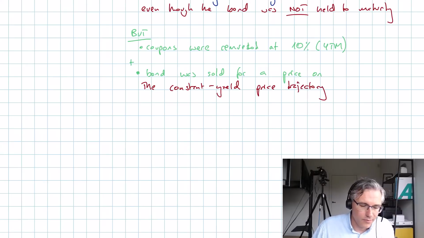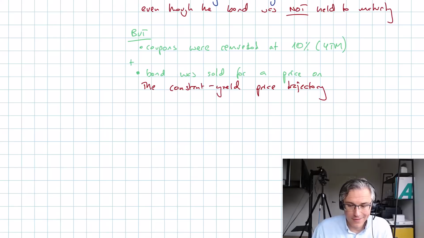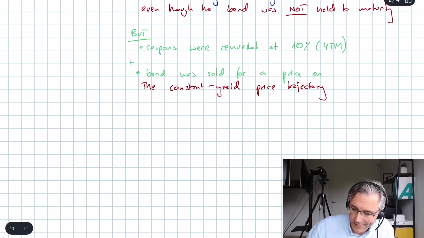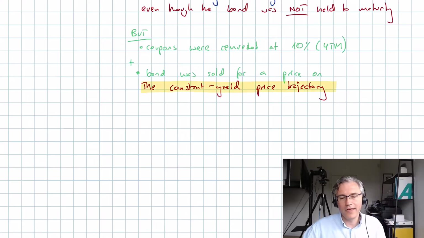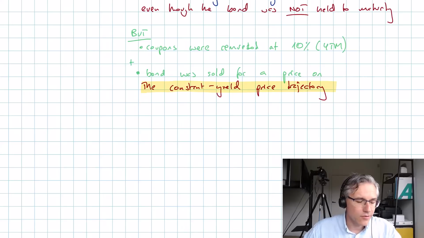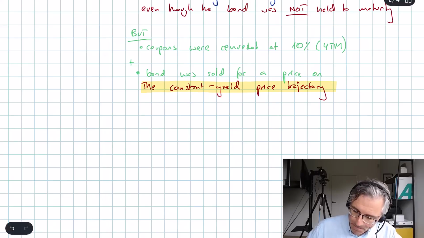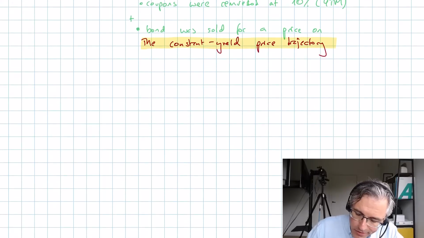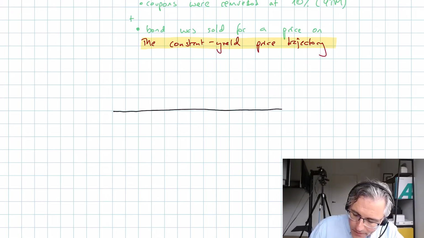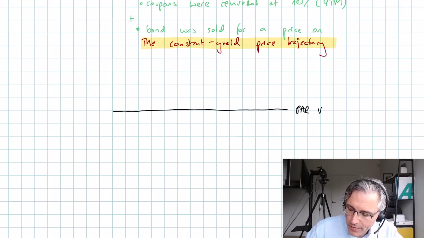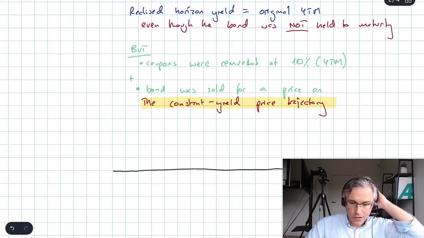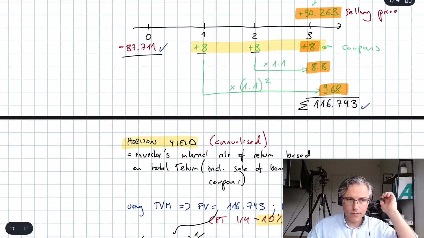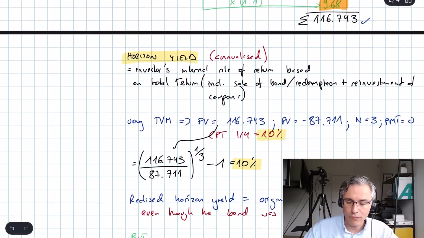Now this second point is extremely important, and it can be quite confusing. You may remember from an earlier lesson I did talk about something called the constant price yield trajectory. And basically what that is, maybe the graph will remind you of what it was. If this is the par value of a bond, and assumed 100, right? This specific bond was initially bought at a discount. It was bought for 87.711.